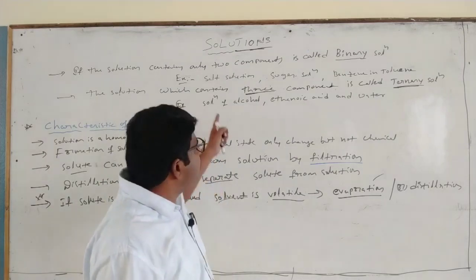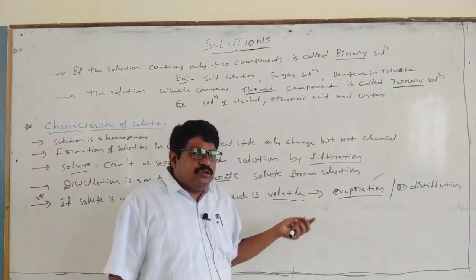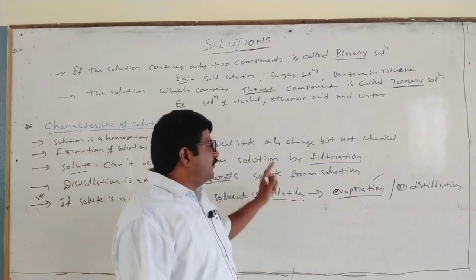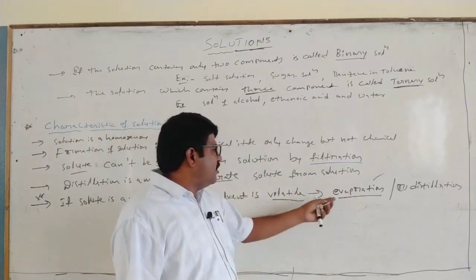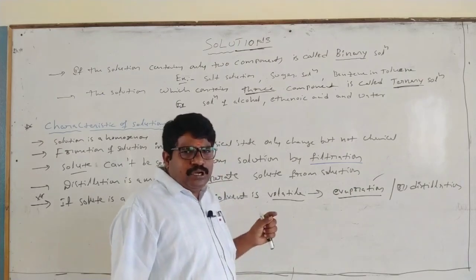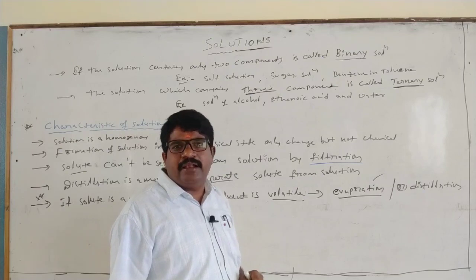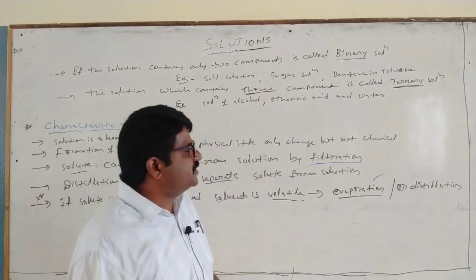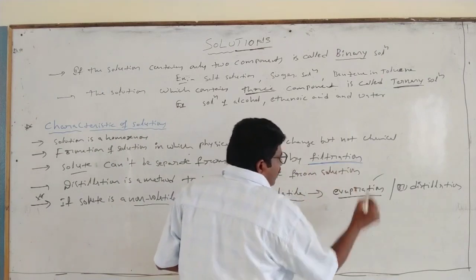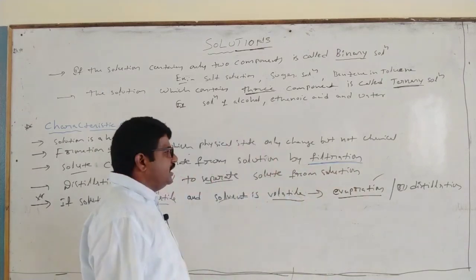But homogeneous means the solubility is high, the solid particles are completely soluble, forming true solutions. For true solutions you have to use evaporation and distillation, but for impure mixtures with insoluble particles you have to use filtration. Already explained in surface chemistry. So filtration is used for insoluble solid particles in a solution, right?